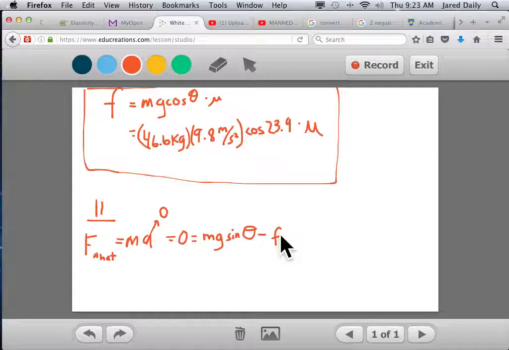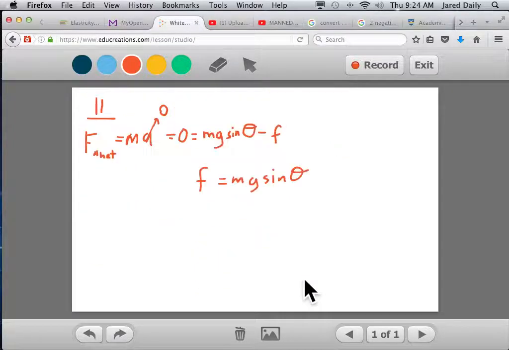If I write it as mu N, mu times the normal force, and then put a bunch of stuff in there, I'll be solving for things I don't need. I just need to know the friction, so I'm going to use this equation to solve for the friction. I add F to both sides, and I get F equals mg sine theta, and I know mg sine theta. I know those numbers, so I can solve for the friction right here and get part A done.